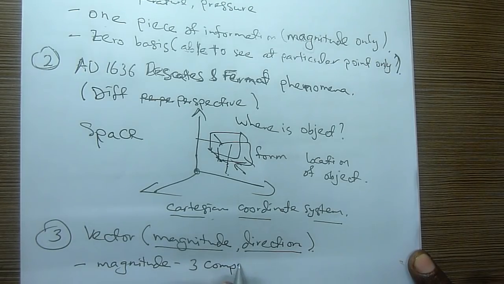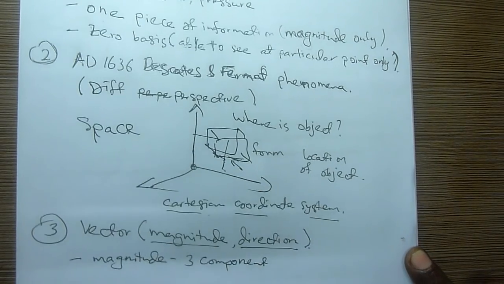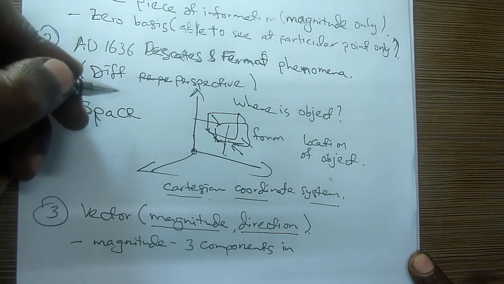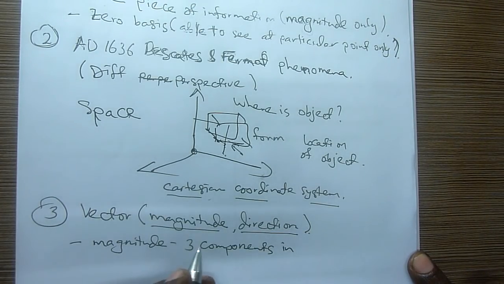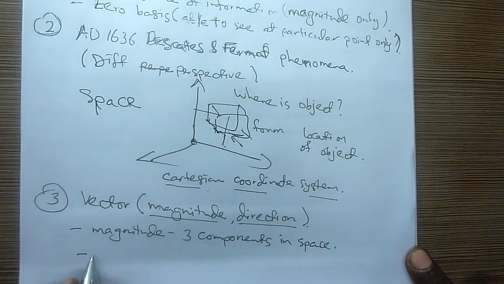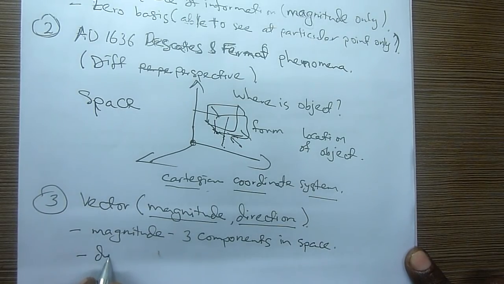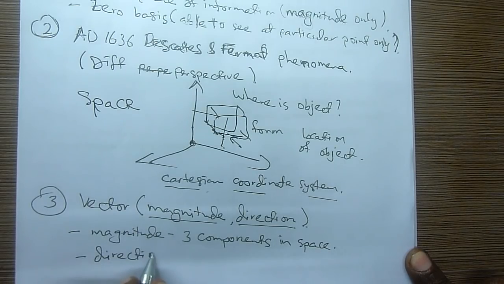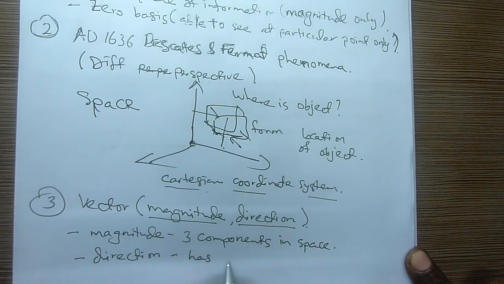The vector dimensional view is able to give us not only magnitude, it is able to combine the three components of Descartes and Fermat in space, plus it gives us direction, which we say is one basis.